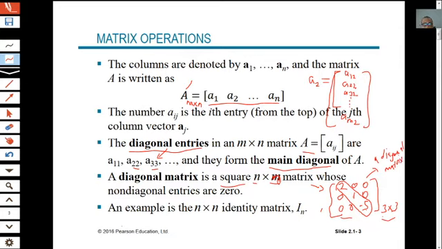An example also is the n by n identity matrix, I_n. Namely, all entries on the main diagonal will be 1.